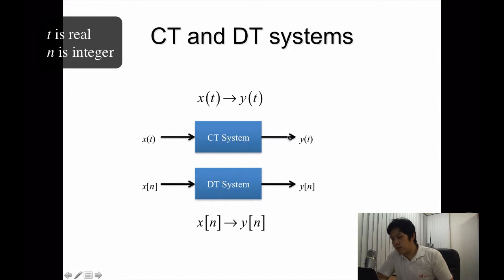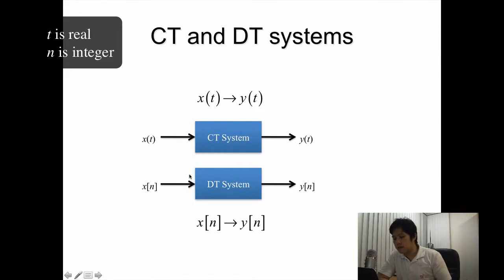The system reacts with the output y(t). Also note that the symbols that we used here can be replaced with different types of symbols like w(t), s(t), whatever. This is just to denote that there are some types of signals. So actually x can be the output and y can be the input, and vice versa.